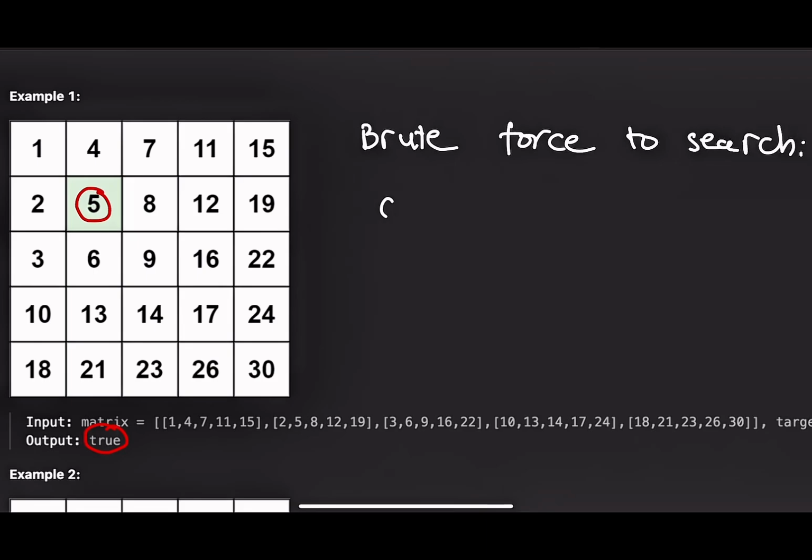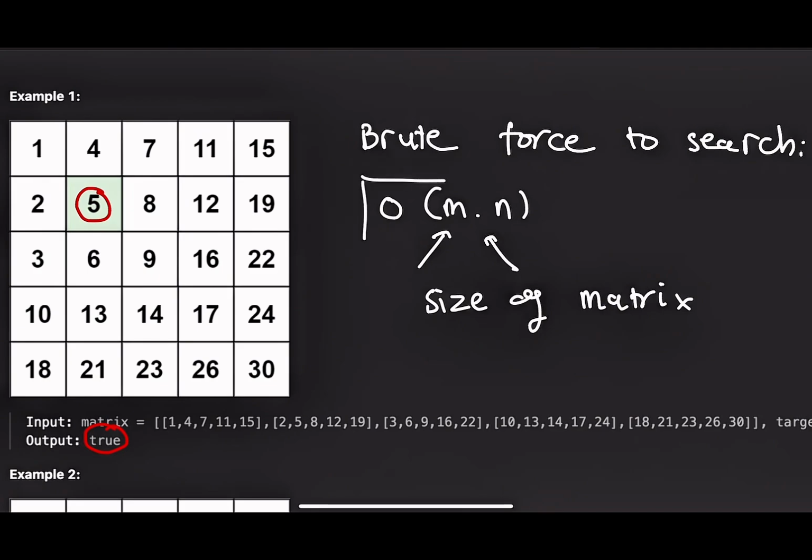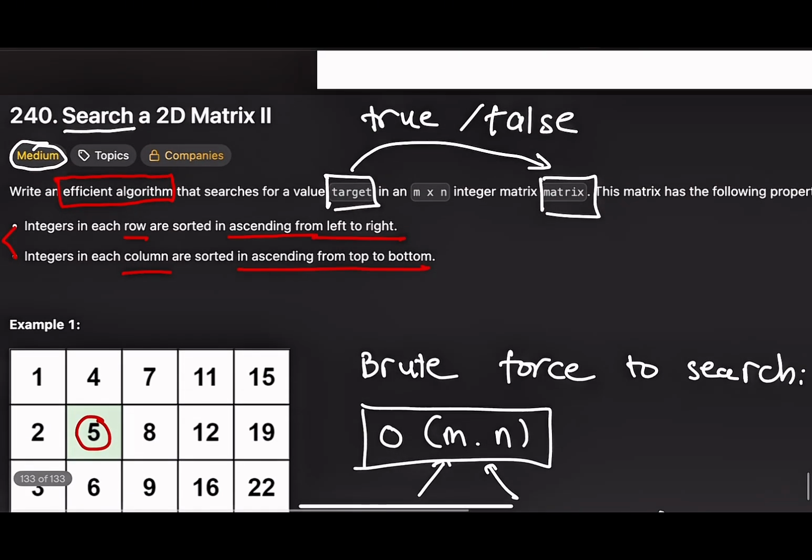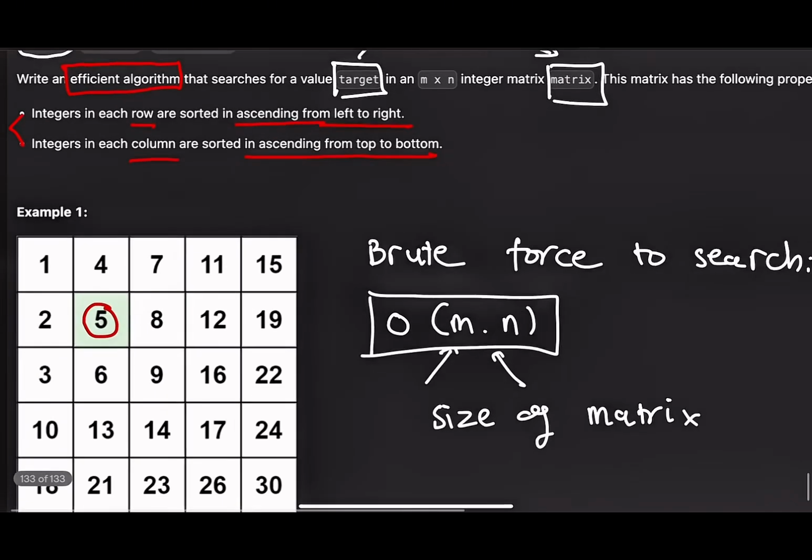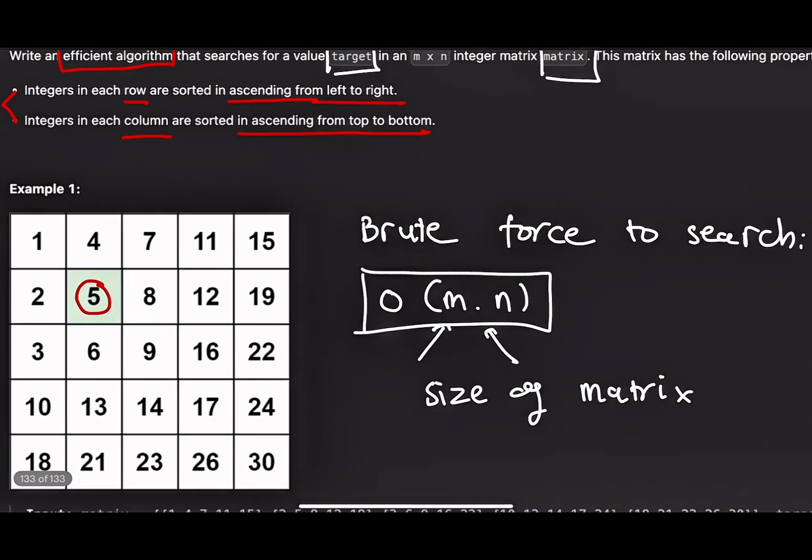That is going to have a time complexity of O(m times n), with m times n being the size of the matrix, because you have to look at every value in the matrix. Obviously this is not an efficient approach, because if you submit it to Leetcode, you are going to get a time limit error.